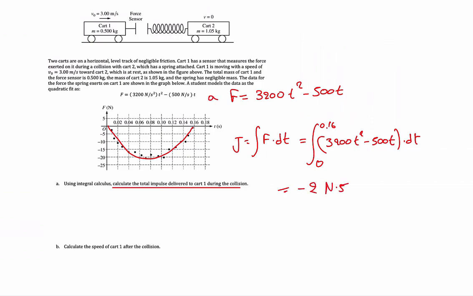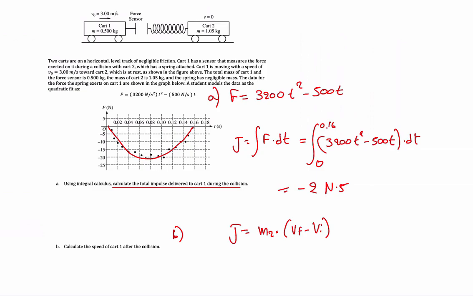This is for part A, and for part B we need to find the speed of the cart after the collision. One way to find the speed of the cart after the collision is to say that for the cart 2, the impulse is equal to the change of momentum, so mass 2 multiplied by v final minus v initial.